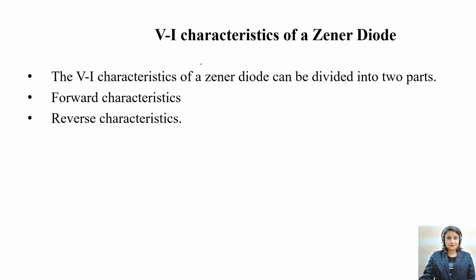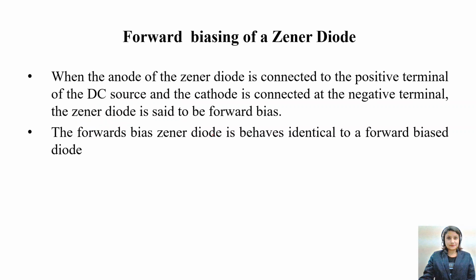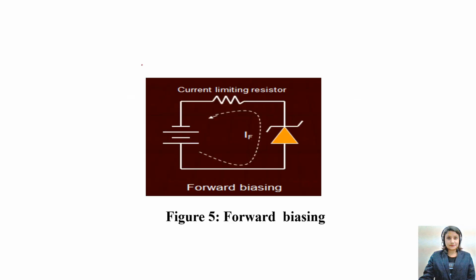Let us first see the VI characteristics of a Zener diode. These are divided into two parts, forward characteristics and reverse characteristics. So when we make the diode forward bias, the behavior we draw on a graph is called forward characteristics.